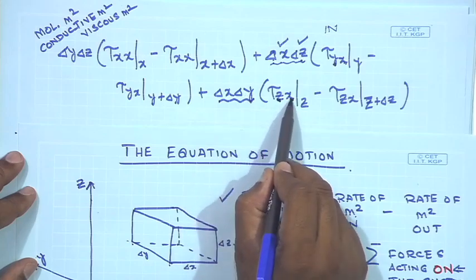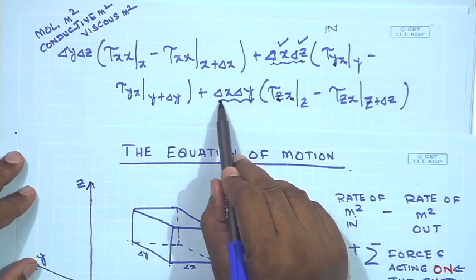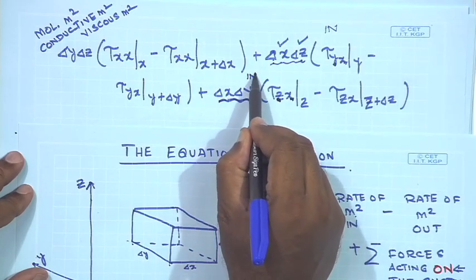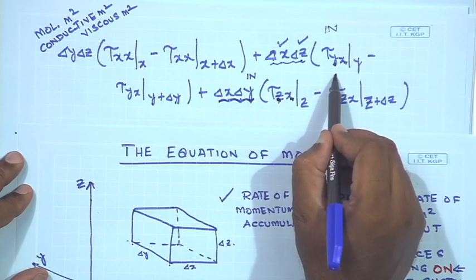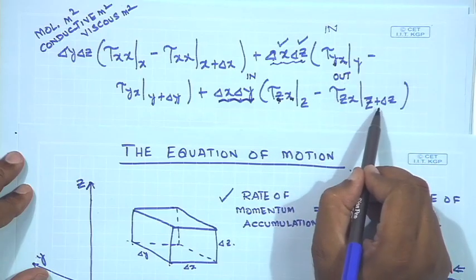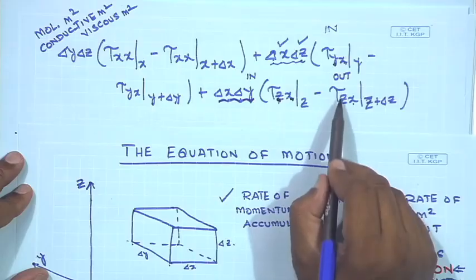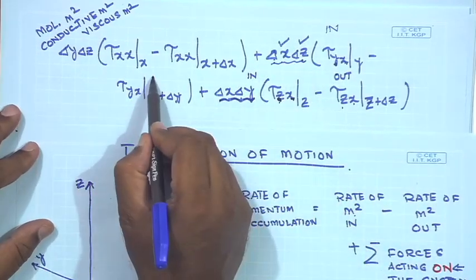So, x component getting transported in the z direction multiplied by the area of the z direction gives me the rate of viscous momentum in through the z phase, and this is the rate of x momentum getting out of the z phase. So, these are the in and out terms.